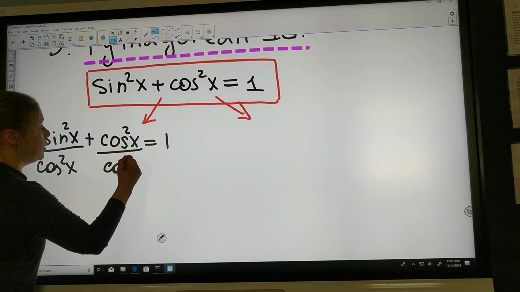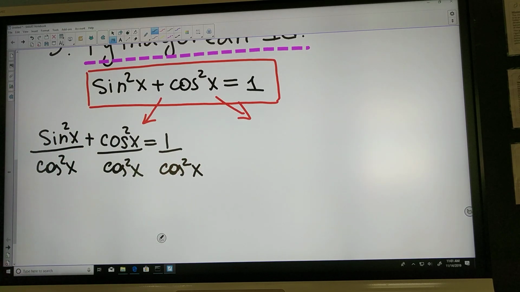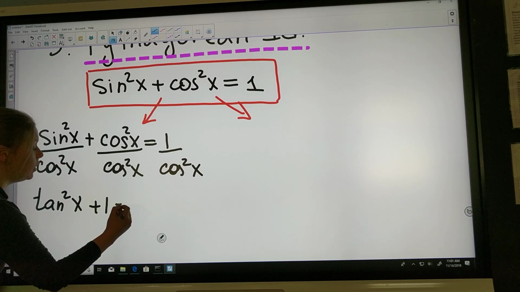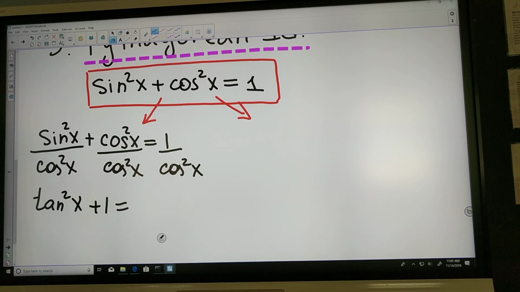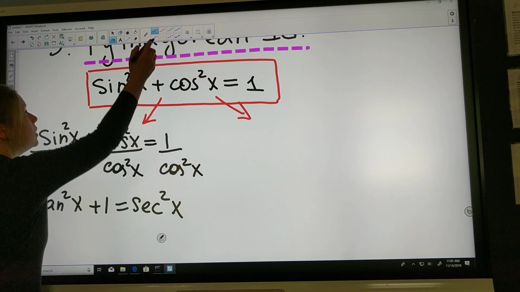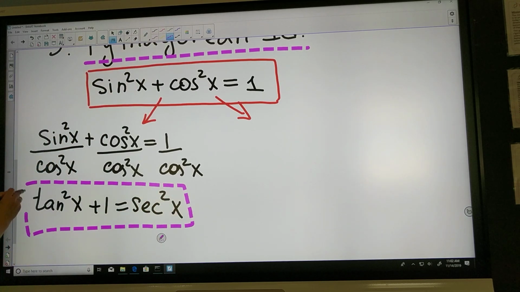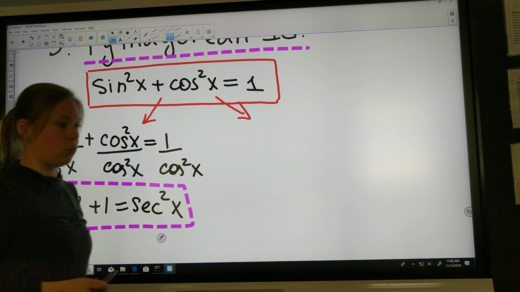I can simplify because sine over cosine is tangent. So this is tangent squared plus 1, and 1 over cosine squared is secant squared x. So this is the second identity which we can use. And again, you don't have to memorize because you can do it in one step.